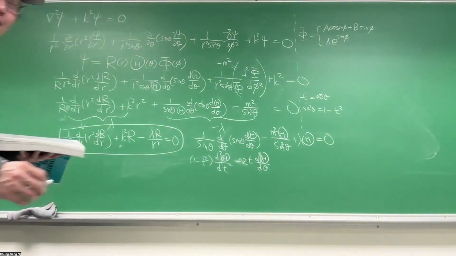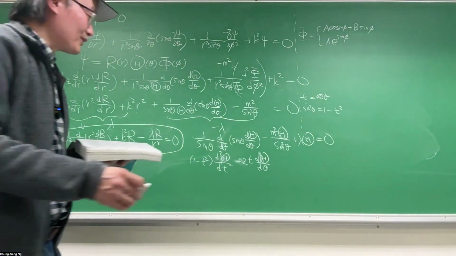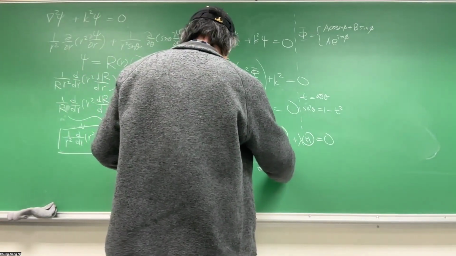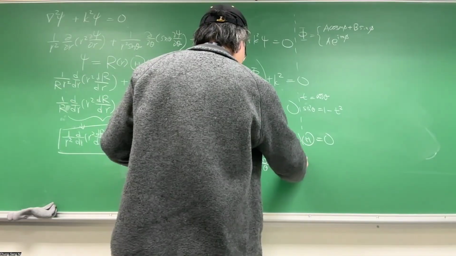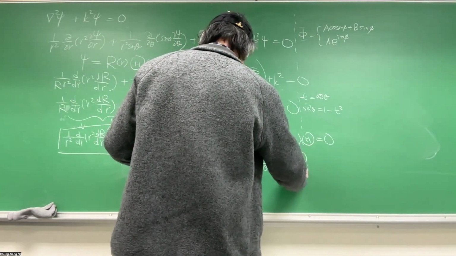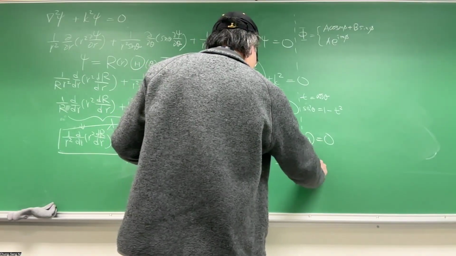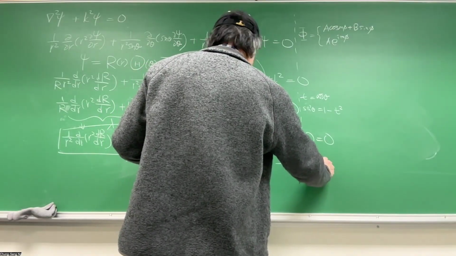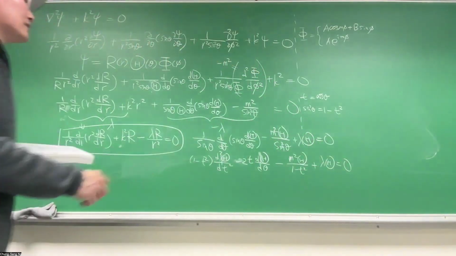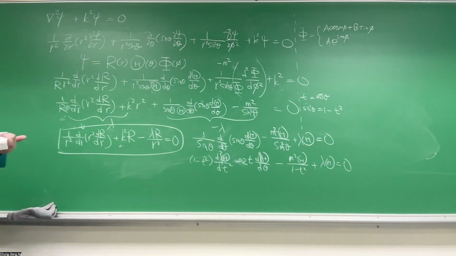Yeah, because we usually call that the Legendre polynomial or Legendre function, so it's called P. That actually doesn't matter because we are considering the theta solution now. Let's keep it the same, capital Theta.